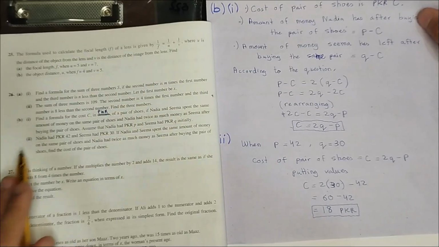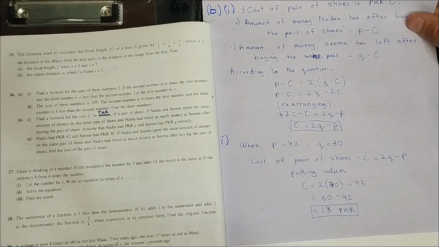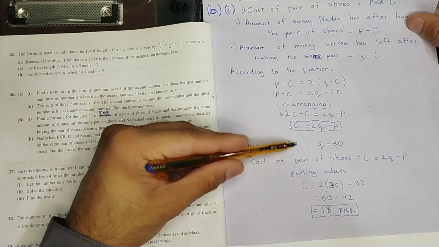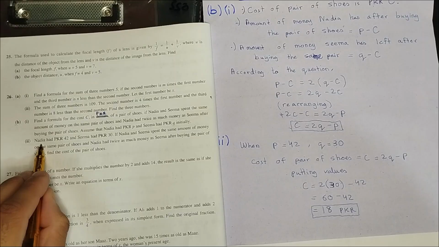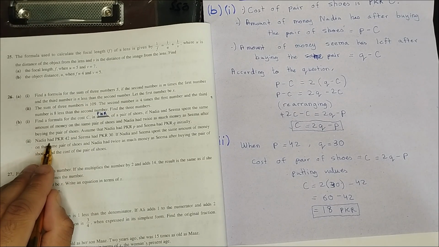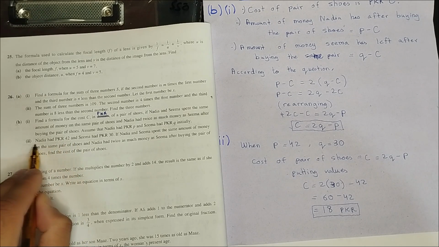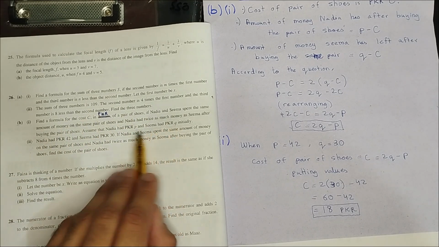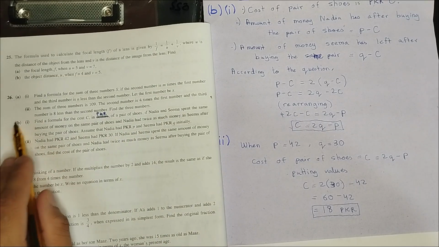Now the second part of this question. When P is equal to 42 and Q is equal to 30, where did I get this information from? From the question. Nadia had 42 rupees, the amount of money she had initially, which is P. Now we know the value of P from this statement.